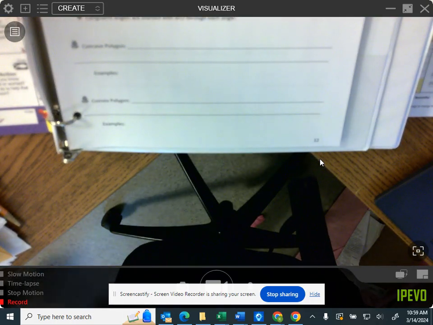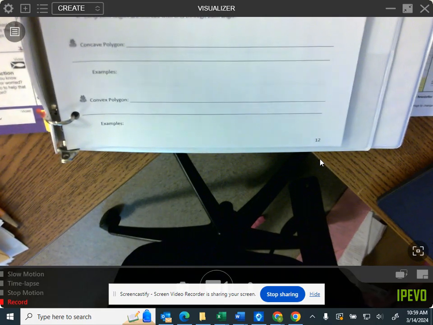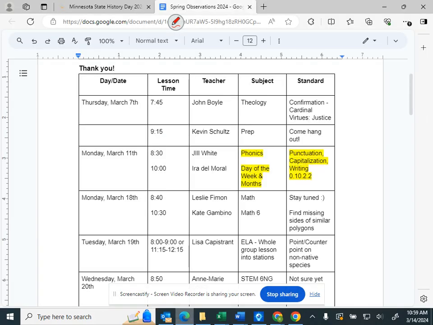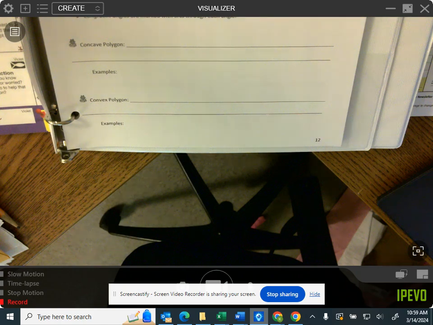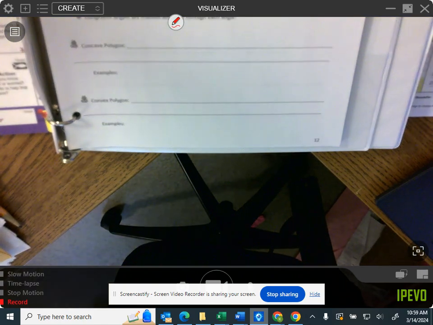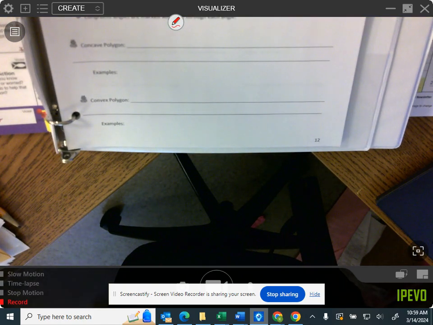A concave polygon, hopefully I get clear. There we go. Wait a minute for it to focus.